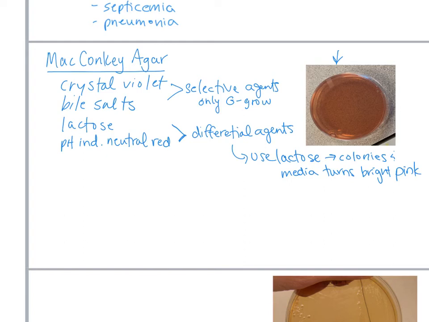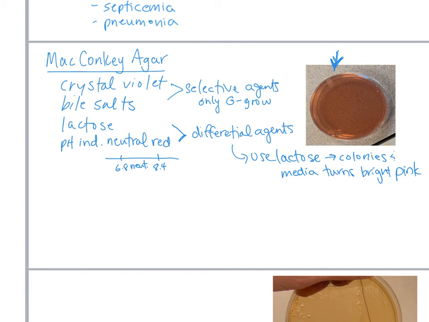With this pH indicator, you don't have to know these numbers, I don't have them memorized, but between about 6.8 and 8.4 we'll call that neutral, whatever this color over here is, kind of pinkish.